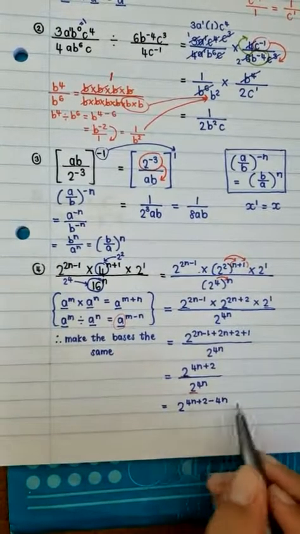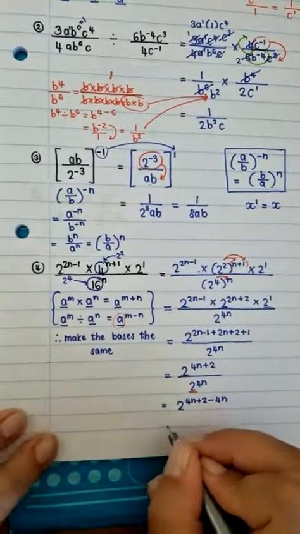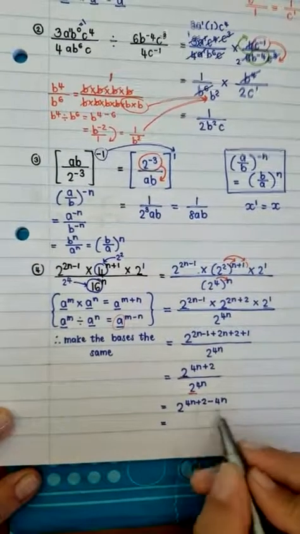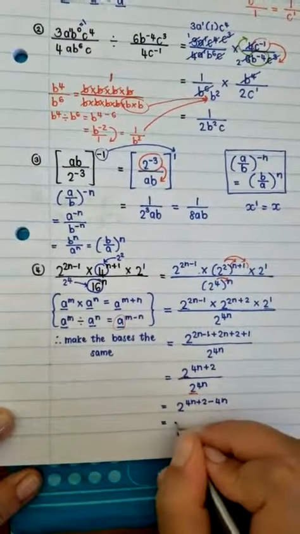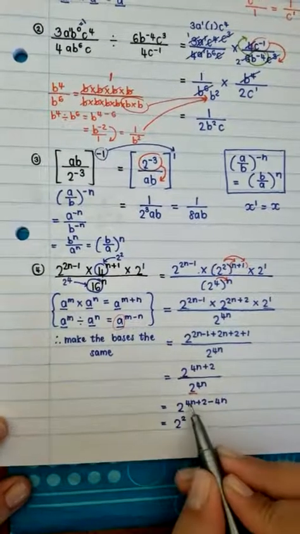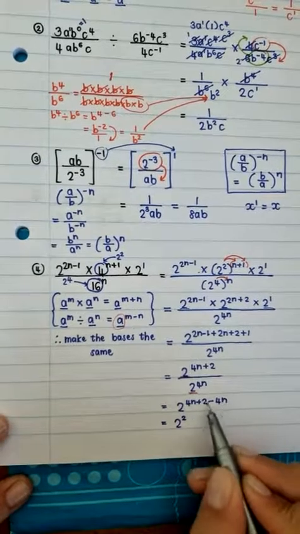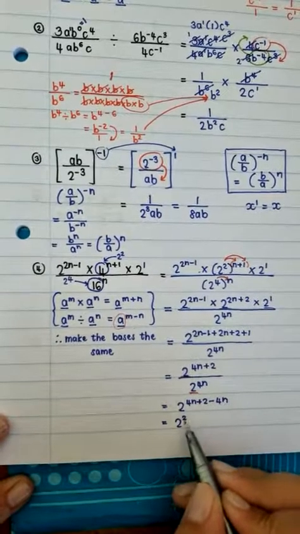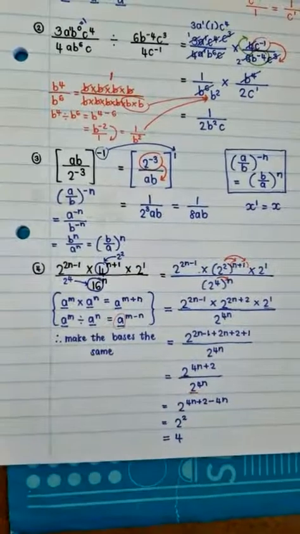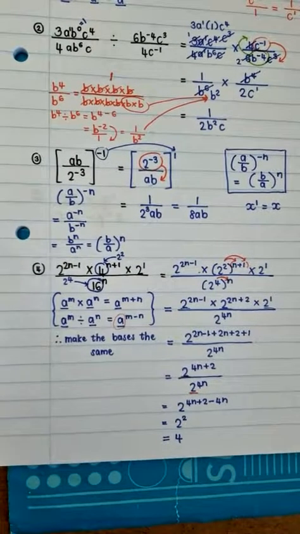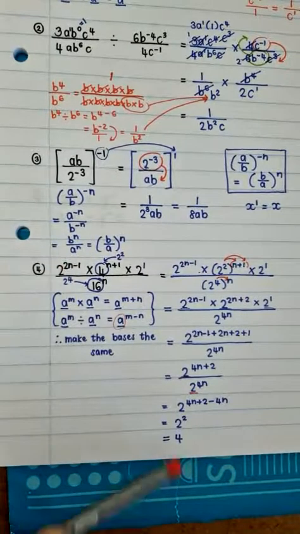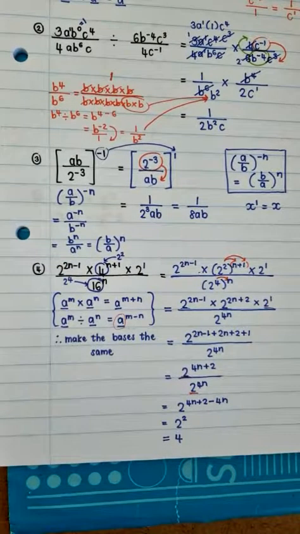Again, we notice that we have like terms, and it works out quite well in this case, because what is 4n minus 4n? 0, and I'm left with a positive 2. So 2 to the power of 2 is the answer, because we have 4n minus 4n is 0 plus 2, and 0 plus 2 is 2, and we all know that 2 squared is actually 4. So isn't that great? We have simplified this whole expression to a final answer of 4.